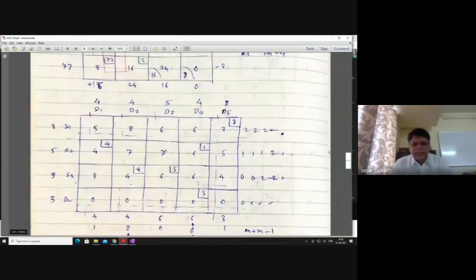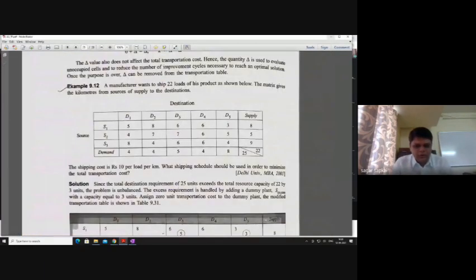So this will be the case. You just check by adding a dummy row and solving it using VAM. What is the solution? You just let me know that solution.